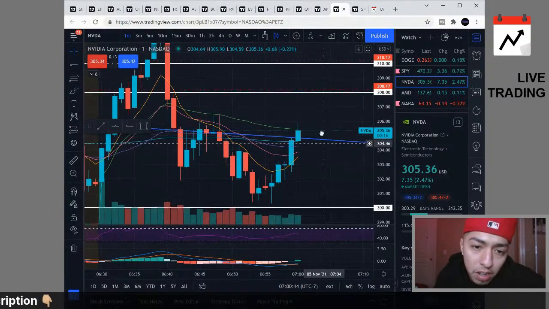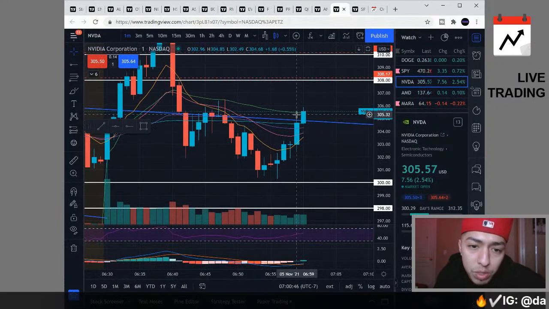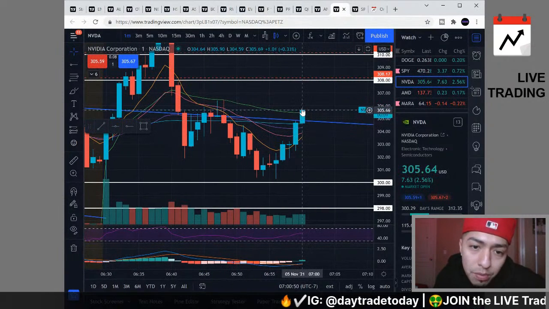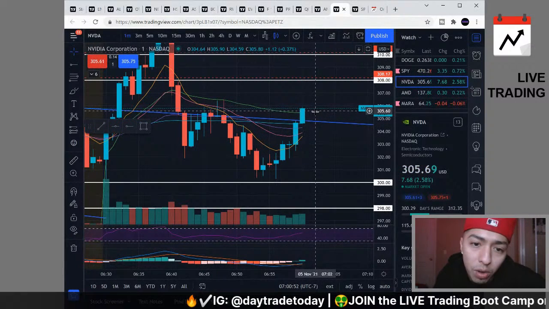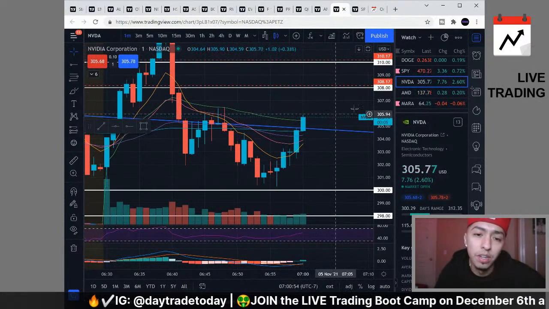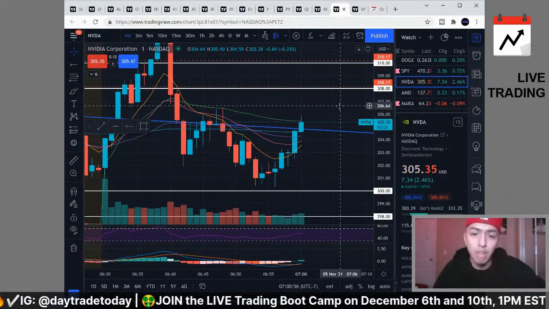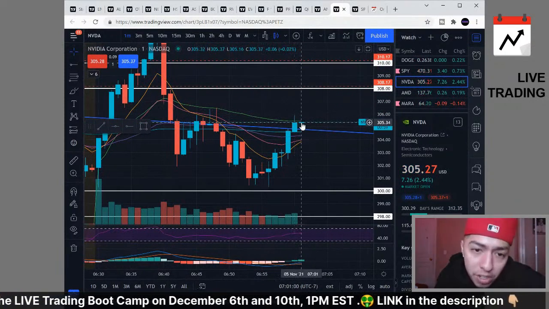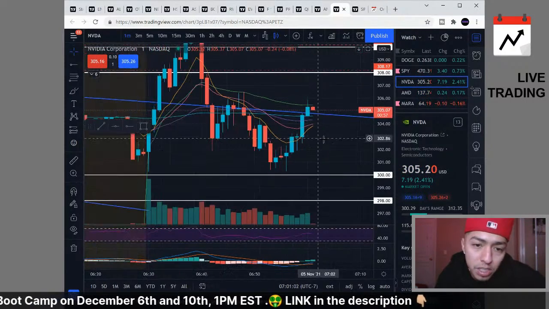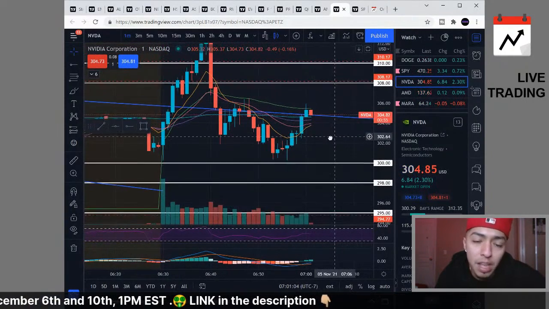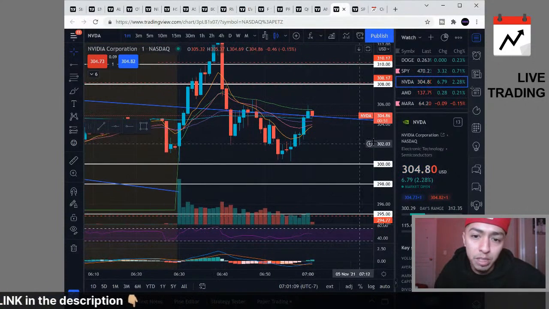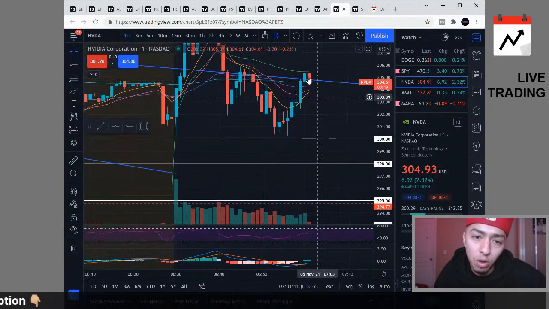So right here on NVDA, since we are under VWAP, I would wait until we can break above VWAP, come back and retest it and hold to start considering NVDA calls. And if we're under VWAP, then you would consider NVDA puts. Sorry, I'm just used to trading SPY all the time. But you would do puts if we're under VWAP.